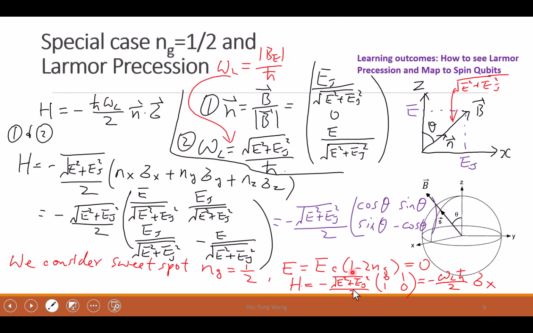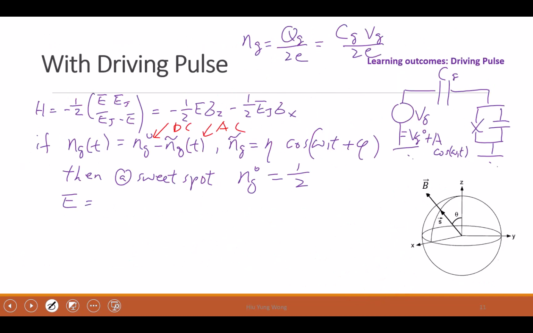E equals EC times 1 minus 2NG, which is equal to EC times 1 minus 2 NG0, and then plus 2 NG2 of T.